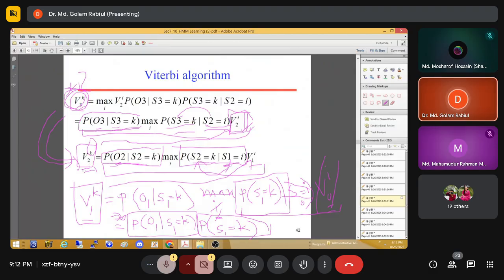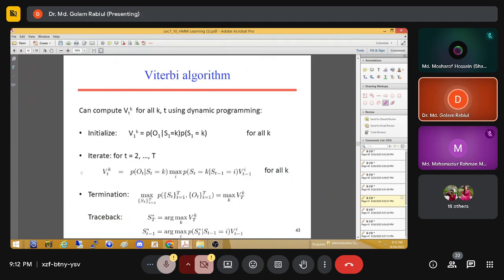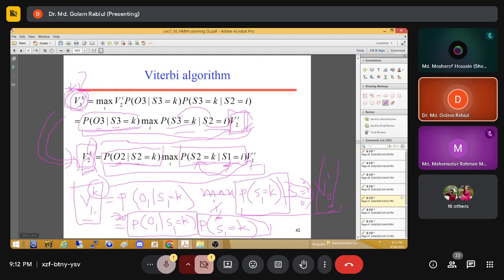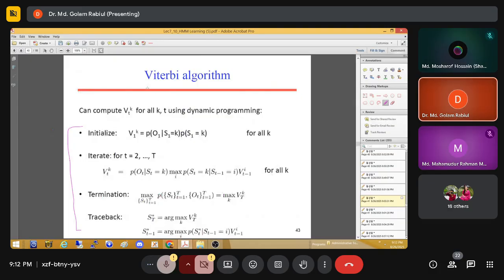And to get this maximum, which value of K of V1 is responsible, and that will be considered as our day 1's state. So that's why in the Viterbi algorithm, these variables V are our Viterbi variables.